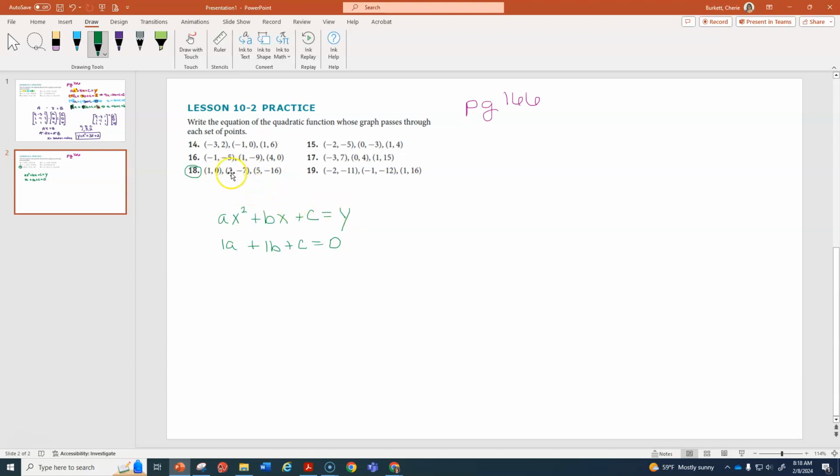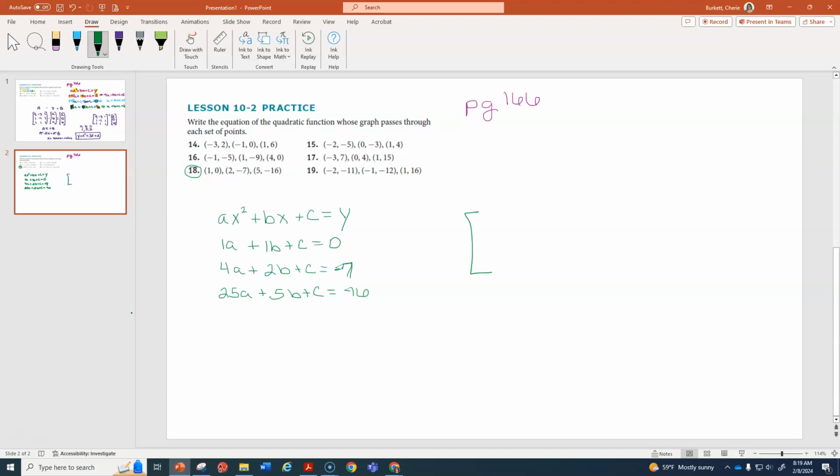Now I'm going to do the same thing, plug in 2. 2 squared is 4a plus 2b plus c equals -7. And then I'm going to plug in the 5 for x. So 5 squared is 25a plus 5b plus c equals -16.